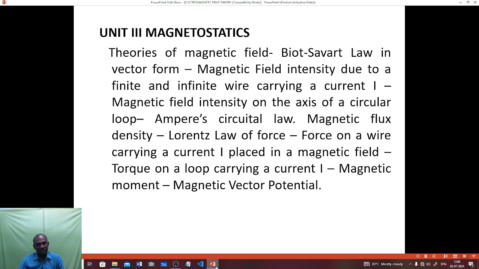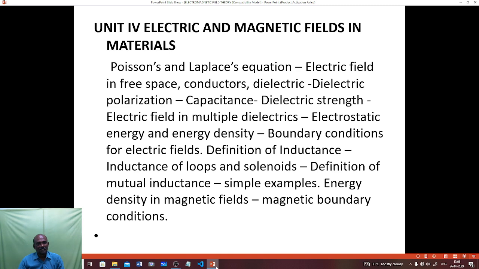As Gauss law in electrostatics, here we have Ampere's circuital law. Like electric potential, here we have magnetic potential and magnetic vector potential.